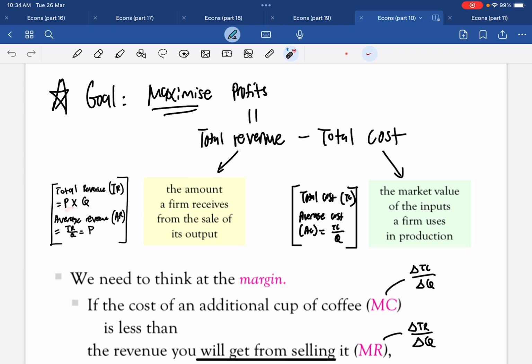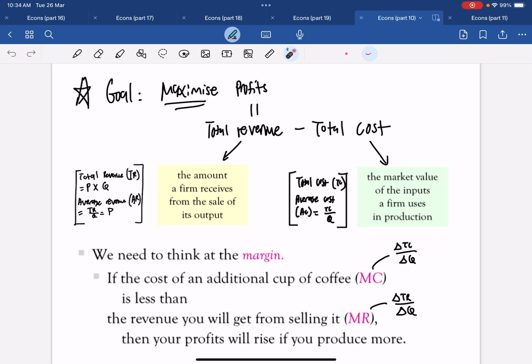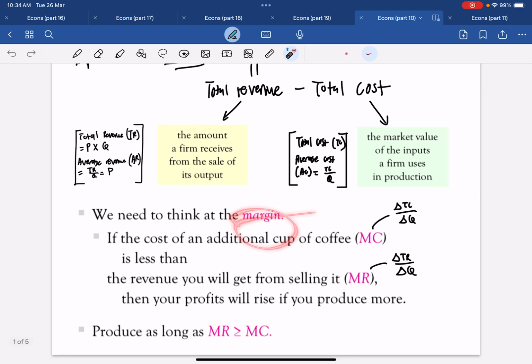So here are some formulas. Total revenue is price times quantity, and the average revenue, or AR, is just the price. For total cost, you can write TC. Average cost is just TC over Q. But we need to think at the margin.